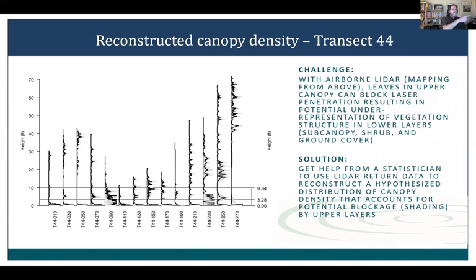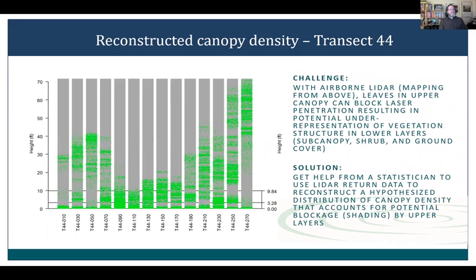And this plot shows one representation of that. You can see each line is at a different station, circular plot station along the transect, and where the black lines sort of jut out to the right there, we can see that that's an area with increased leaf density. So you get a sense from this plot of the vertical canopy structure. Here's another way of presenting those data.